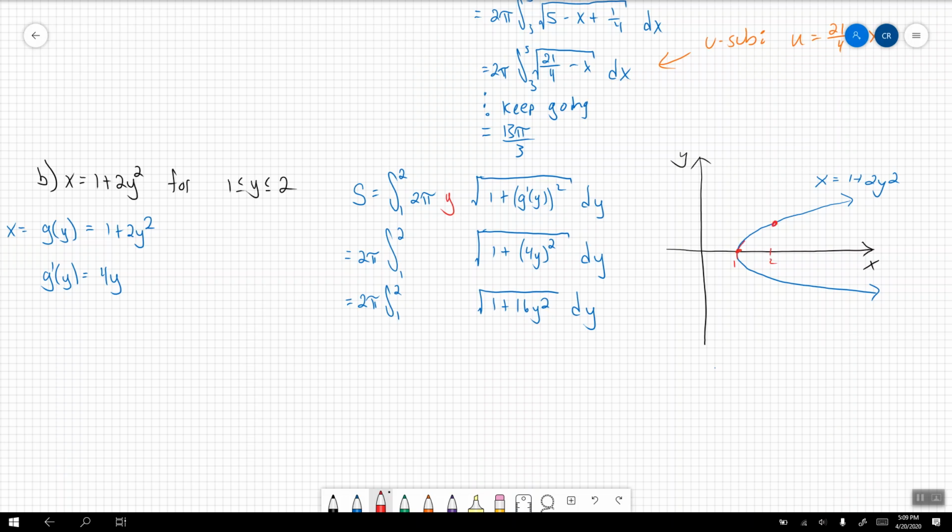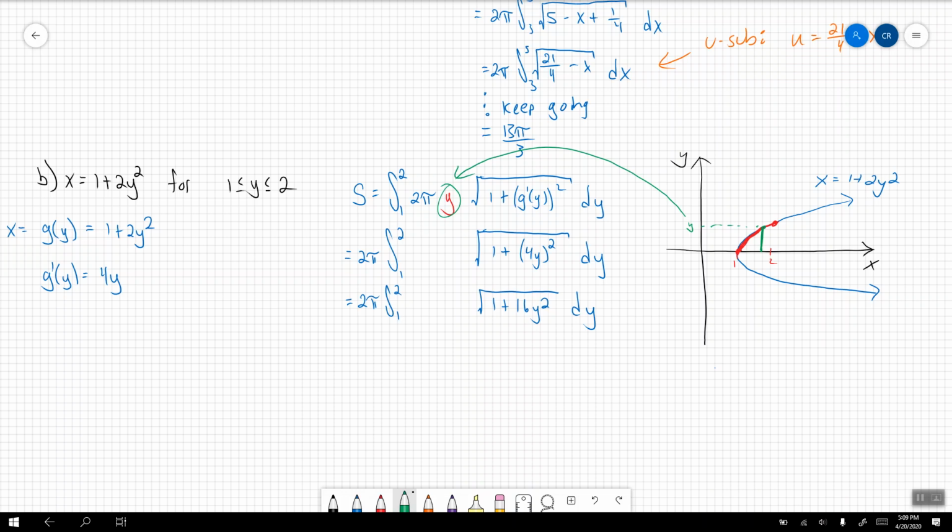That arc length that we're only looking at is here from 1 to 2. Therefore, when we want to rotate this, we need some sort of height right in here that we need to account for. That height is some random y value within this interval. And that's where this y comes into play.